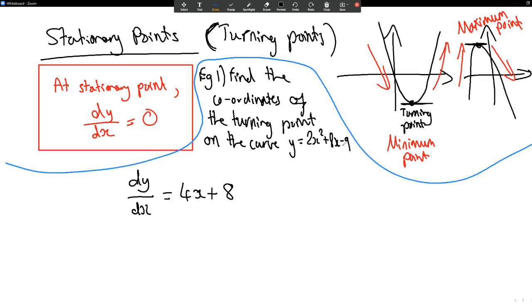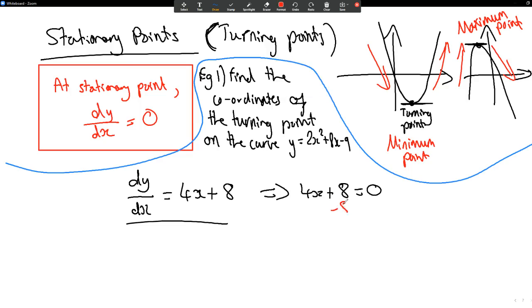And then our last rule is that our constants disappear. This is dy over dx. Now remember though, at the stationary point, which is what we're trying to find, dy over dx equals 0. So we can substitute that in, like so.